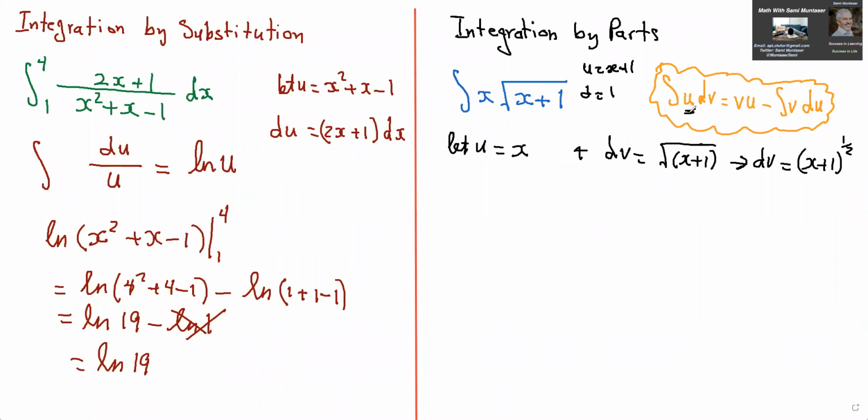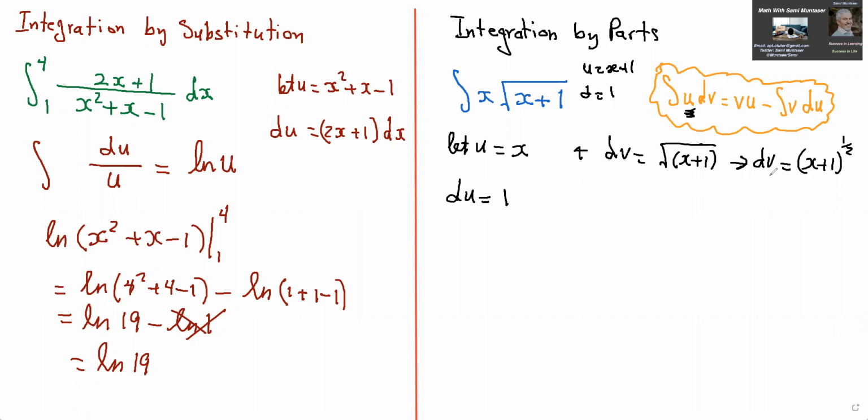So this here, I let it be this part of the equation, and the dv, I let it be this part of the equation. So basically you're matching these here with these. Now, du here equals 1. And here it's dv, so you have to integrate this to make it v.